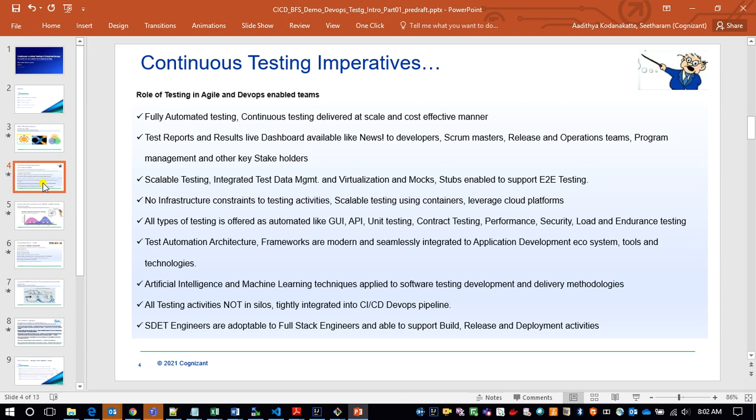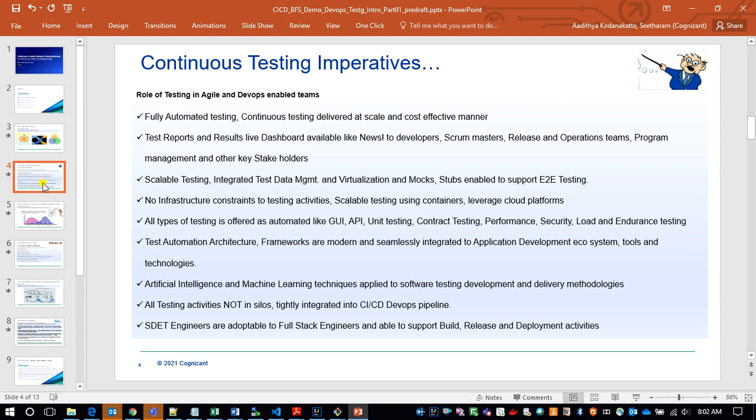And test automation architecture frameworks are modern and seamlessly integrated to application development ecosystem tools and technologies. In the past, if you remember, we used to have separate testing technologies like HP ALM and UFT, and developers were not aware of these technologies, so the testing team used a different set of technologies and COTS products, commercial products, and all that.